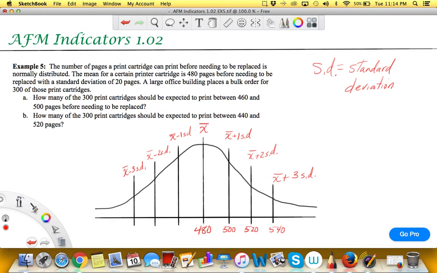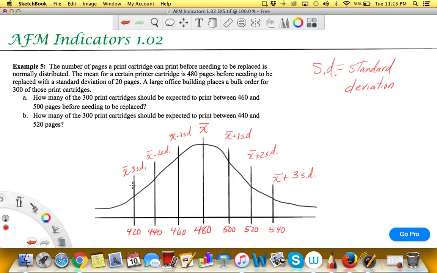All I did was start with the mean and add the standard deviation each time: plus 20, plus 20, plus 20. On the left side, I'm going to subtract 20, so I get 460, 440, and 420. So this is the mean, 480 minus 20, 480 minus 40, 480 minus 60.